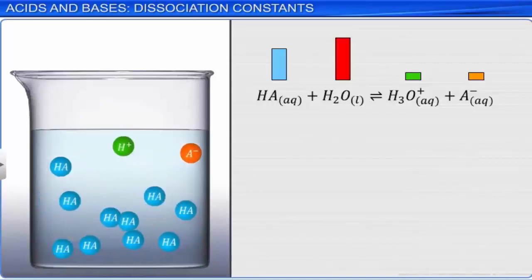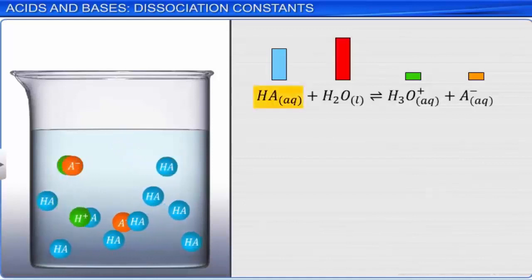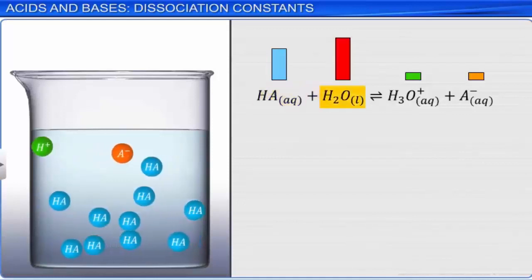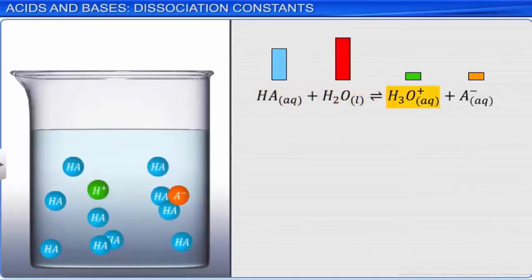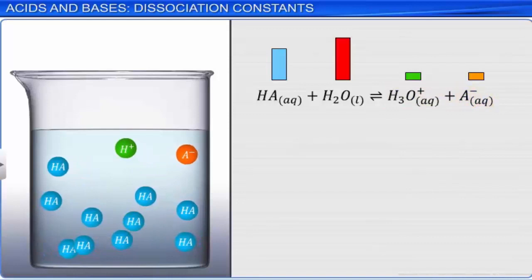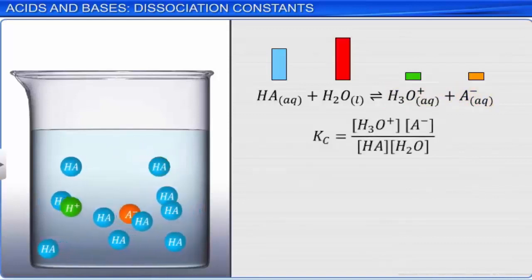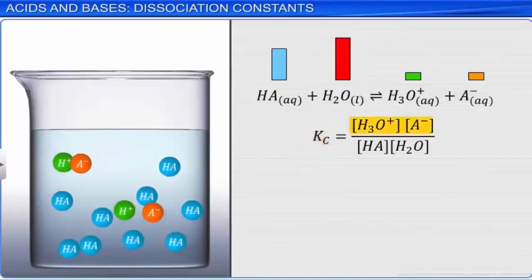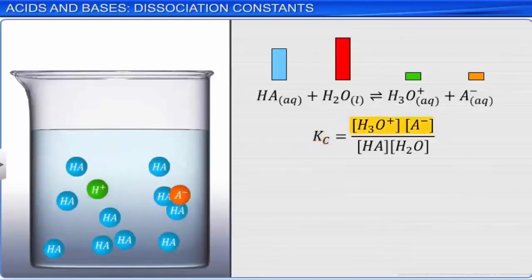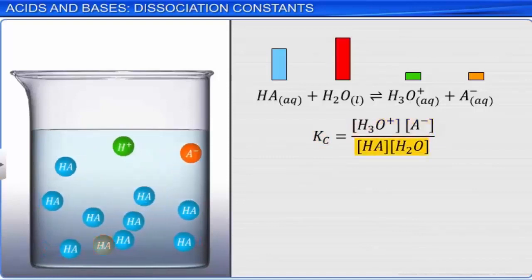This equilibrium can be expressed as HA aqueous plus H2O liquid in equilibrium with H3O plus aqueous and A minus aqueous. The equilibrium constant for this reaction can be written as Kc is equal to the product of concentration of H3O plus and A minus ions divided by the product of concentration of HA and H2O.